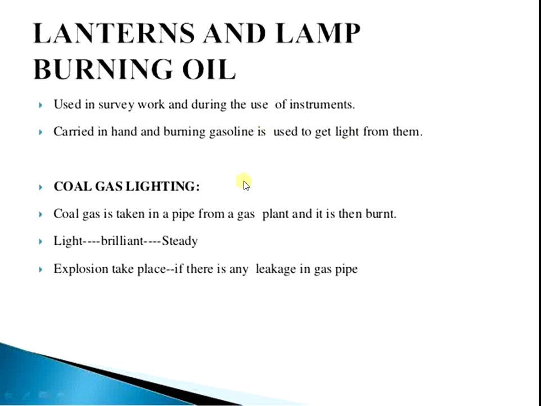The second type is coal gas lighting. The coal gas is taken in a pipe from the gas plant and then burned. The light is brilliant and steady, but the disadvantage is that an explosion can take place if there is any leakage in the gas pipeline.